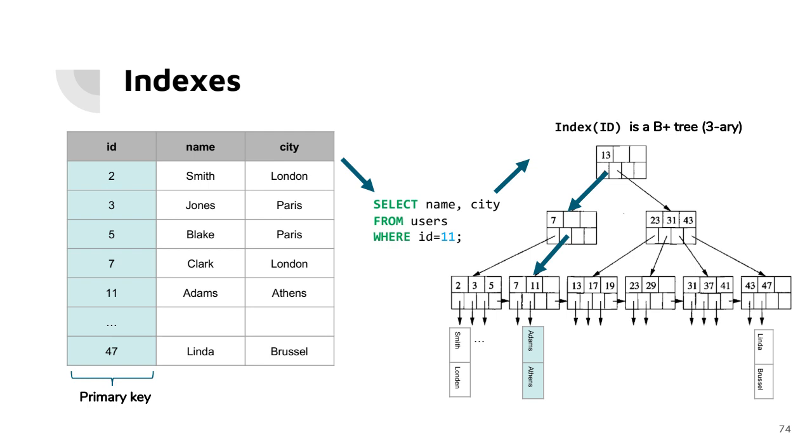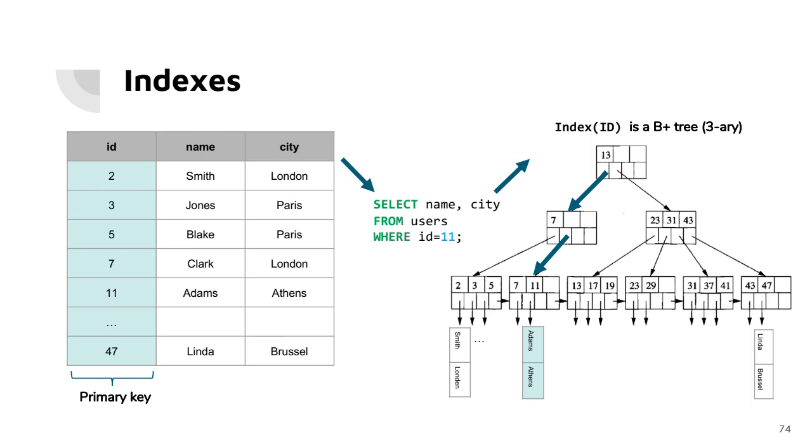At the lowest level, you have the individual users with their ID. In this case, with the tree search, it's smaller than 13, so I take the left branch. It's bigger than 7, 11, so I take the right branch, and then I have my data elements.